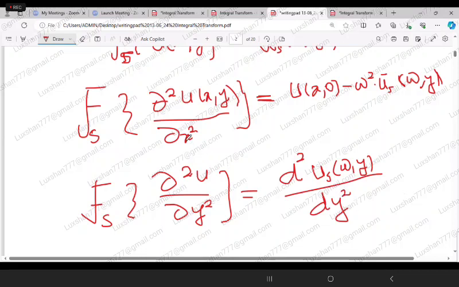So when we have the differentiation with respect to y only, we have this one.